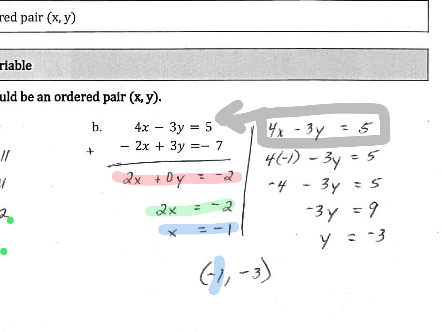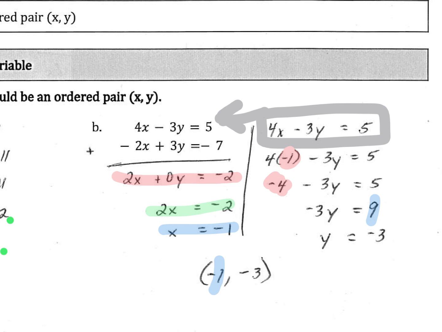Now, the next step would be to plug in a negative 1. Instead of an x, I put our answer from before. So 4 times negative 1 is negative 4. Then I add 4 to both sides. I get 9 on this side. Negative 3y on the other side is still there.